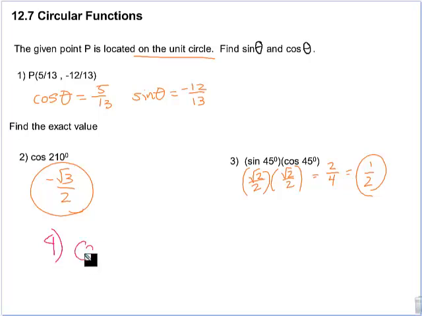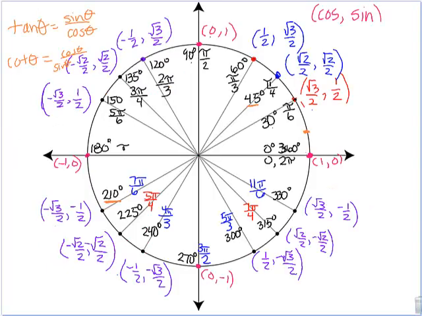Let's do the cotangent of 480 degrees. Cotangent, we're going to need both cosine and sine for. And then 480, is that anywhere on our circle? No. So what does 480 tell us? 480 told us that we went around the circle a full time, so 360, and then we went an additional 120.